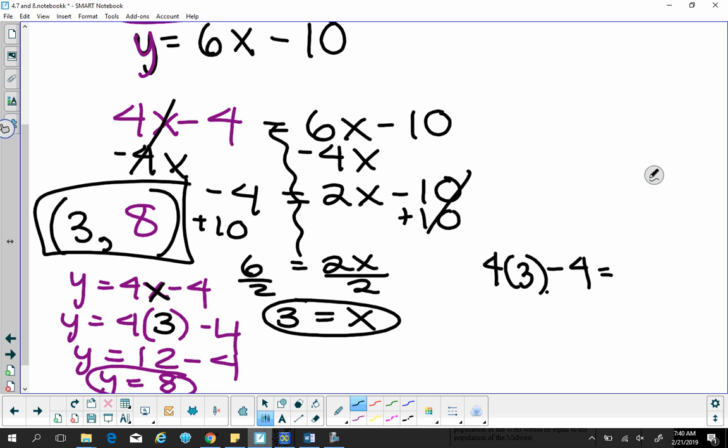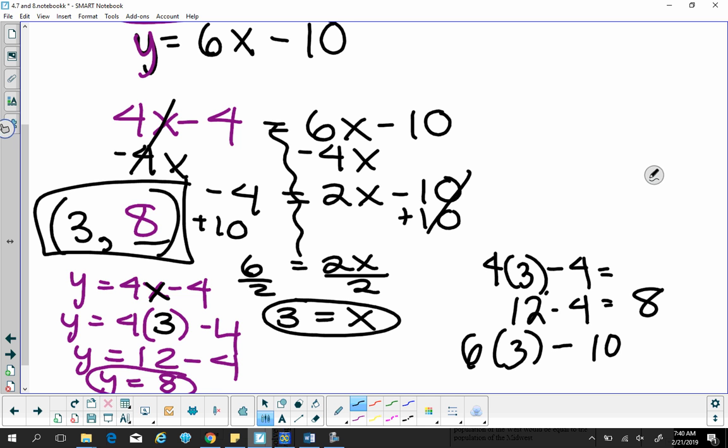What's 12 minus 4? 8, right? Is that what I have for my y right here? Cool, let's try the other one. 6 times 3 minus 10. What's 6 times 3? 18, right? Minus 10. 8. Is that what I have right here? Yep, so I know that's my solution.